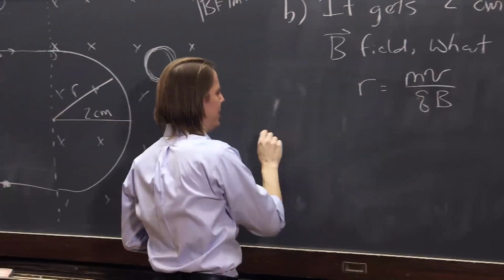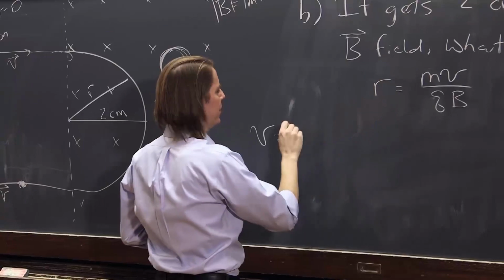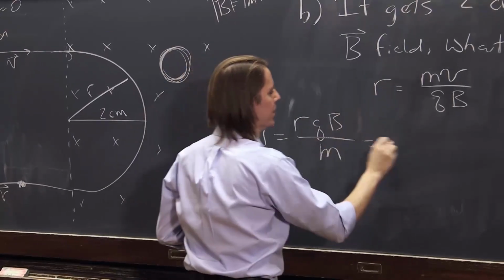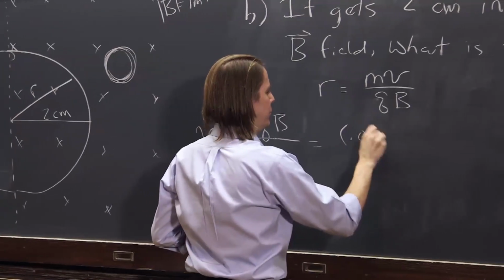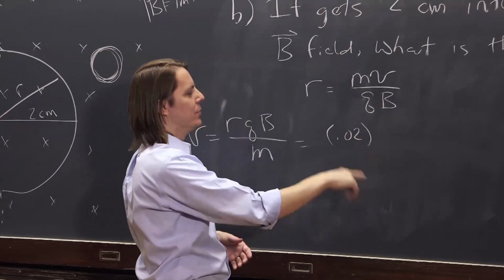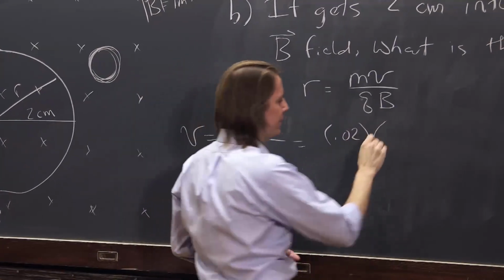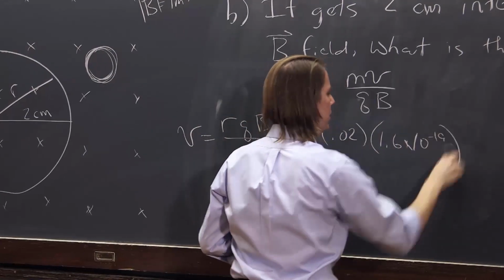So what would it be? v is R q B over m. R, I'll just write 0.02 meters, doing it all in MKS units. q, the charge of an electron, is 1.6 times 10 to the minus 19 coulombs.